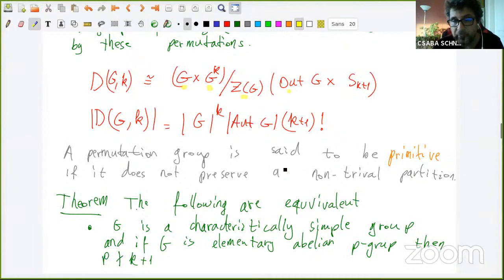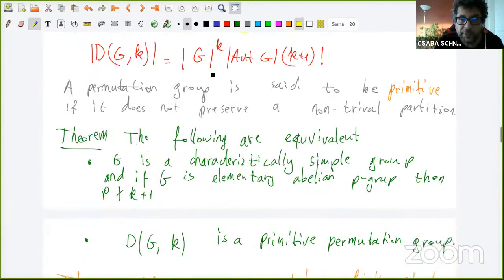So this is the first observation, because this G to the K is already going to be transitive. And primitive means it doesn't preserve a non-trivial partition of the underlying set, and you can characterize when this group is primitive.